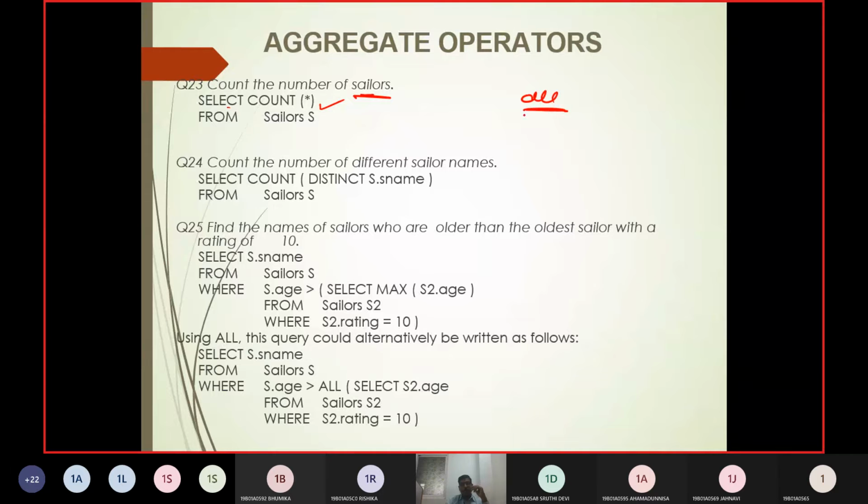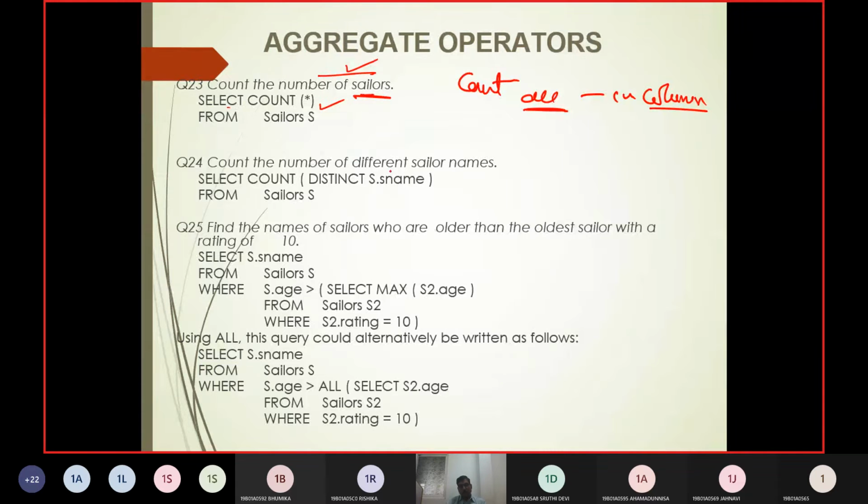I need to find all the elements in the specific column. So count all in the column. That is why we made count number of sailors, a simple query.